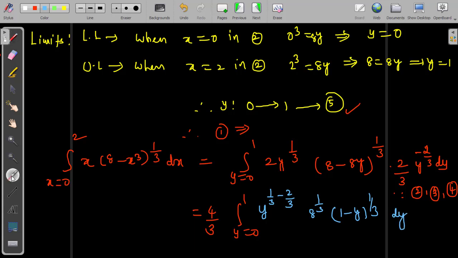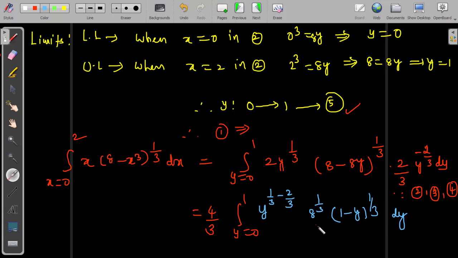I repeat again, here this 2 times 2 is 4, I have written here, 3 is in the denominator. Here y, again y, bases are equal, add powers, so 1 by 3 minus 2 by 3. I have written over here, again from this 8 common, means 8 power 1 by 3 times, here 1 left, here y left, 1 minus y power 1 by 3 dy.